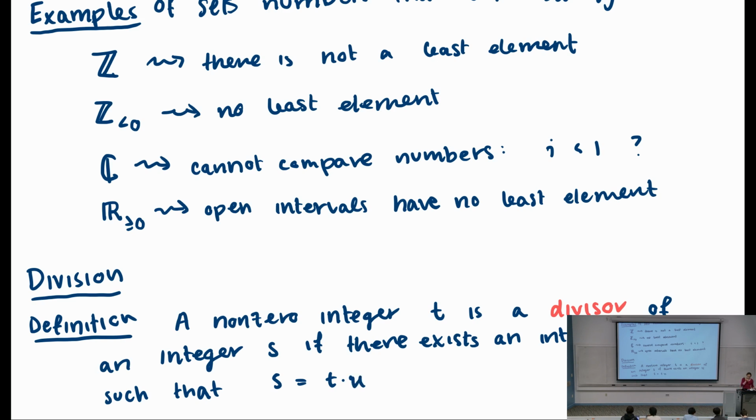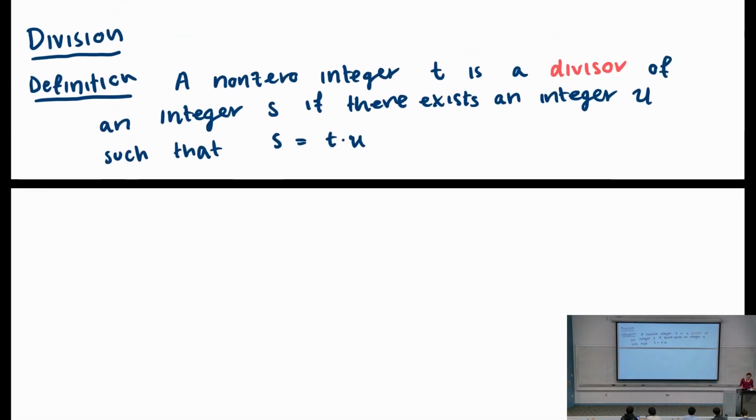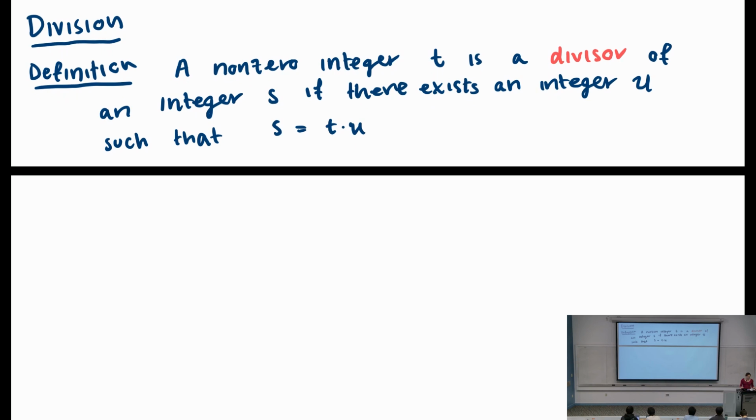In that case, you would also say t divides s, and also u divides s. The notation for this: we write t and then a vertical line, so "t divides s" is how you pronounce this.